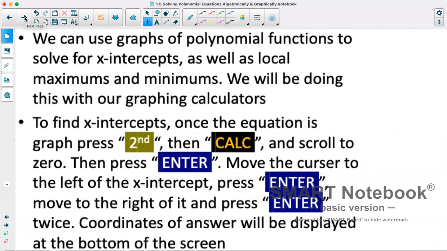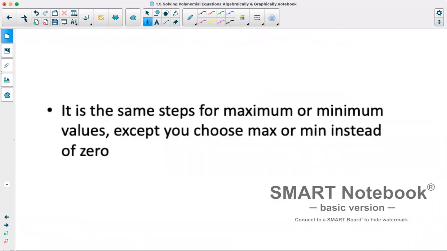Now we have to make sure that we are only looking at one x-intercept at once. Now, to do our maximum and minimum values, it's the exact same except we choose maximum or minimum instead of 0.